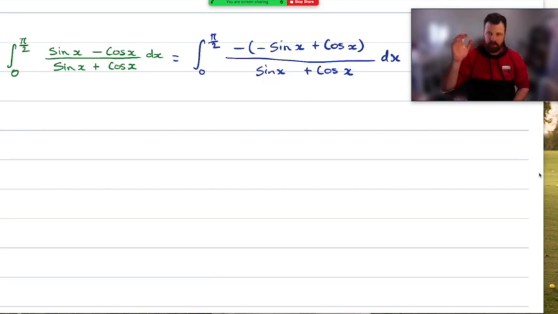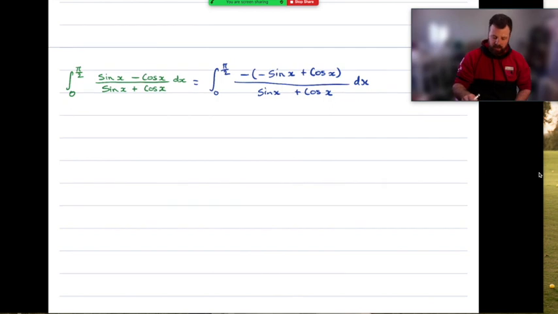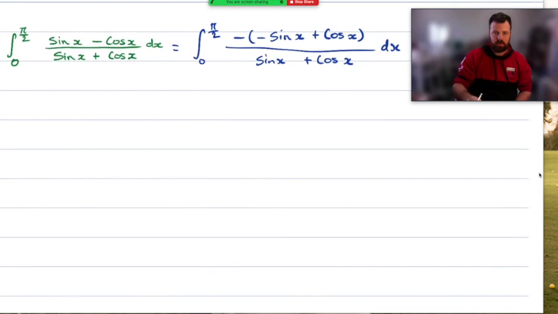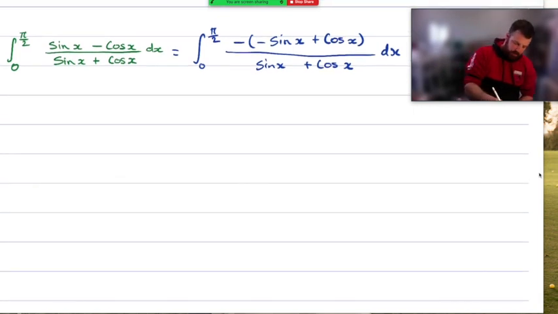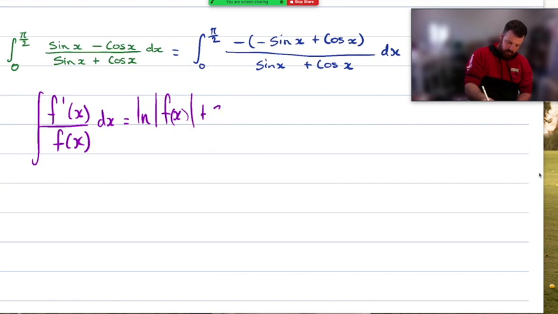If we recall a little bit earlier, what we do have is this idea that if I have something in the form of f dash of x over f of x, the integral of that is just ln, the absolute value of f of x, plus our random constant.